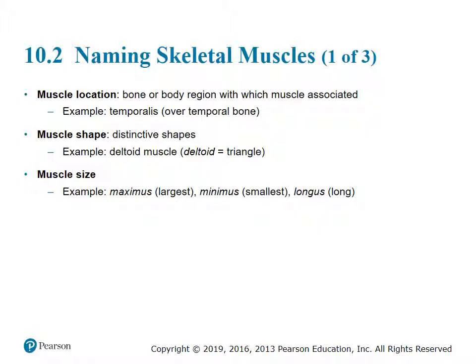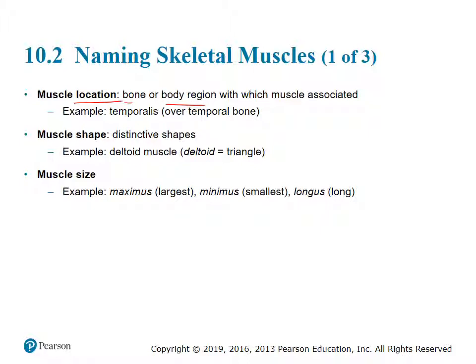Okay, so let's use the criteria here when we name muscles, and let's see if we can see some examples of this. So let's look at how we do this, right? Muscles can be named for the location of where they're found, right? And what we mean by location is basically, for the most part, where the muscle's found over a certain body area, region, or a certain bone.